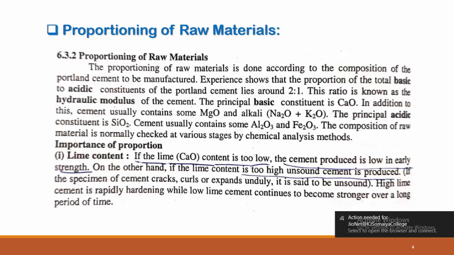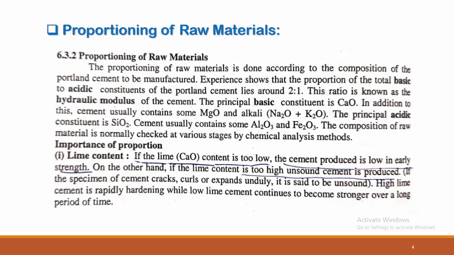That means it depends on what type of Portland cement you require, whether type 1, type 2, type 3, or type 4. According to the type of Portland cement, the proportioning of the raw material is done with respect to their composition. As we know, there are two different kinds of constituents, basic as well as acidic, in Portland cements.